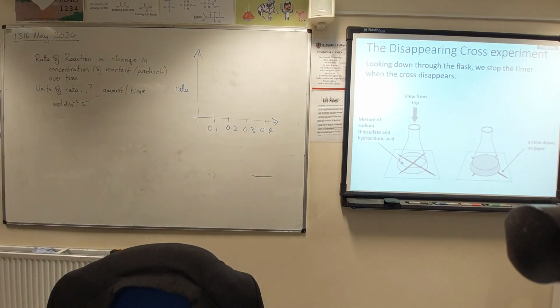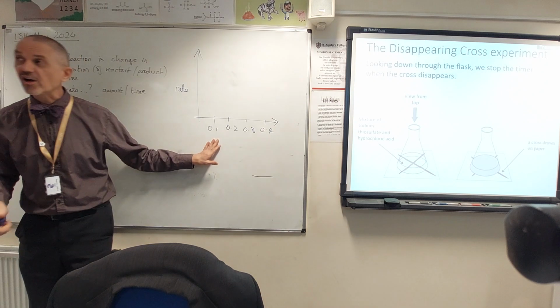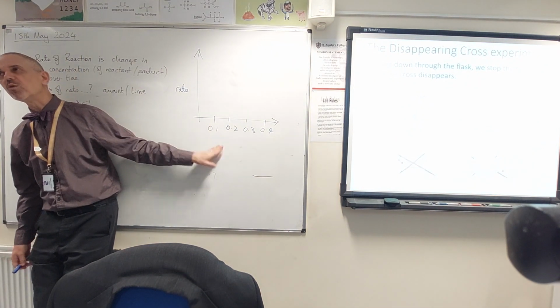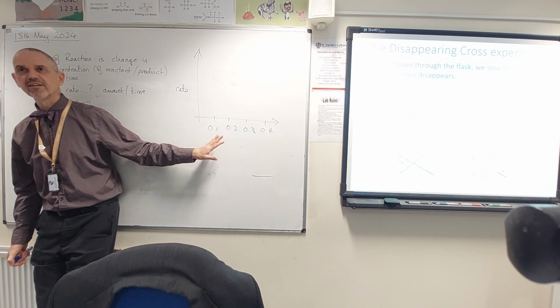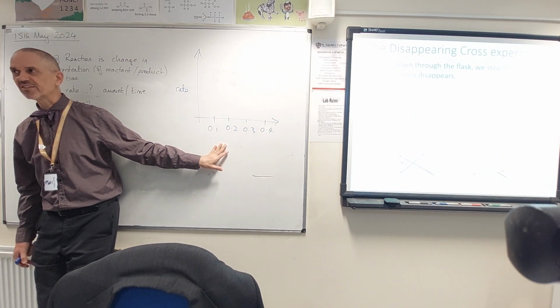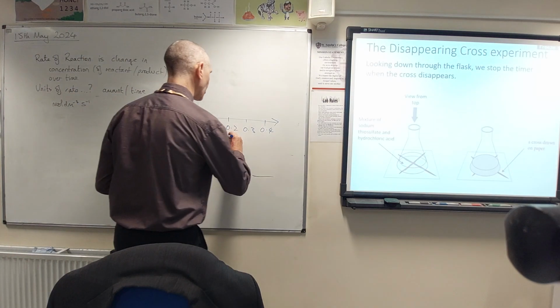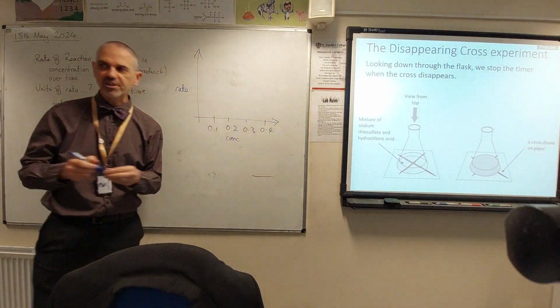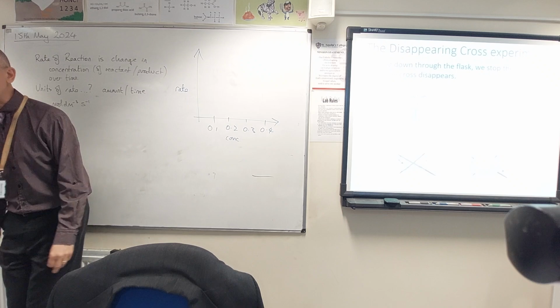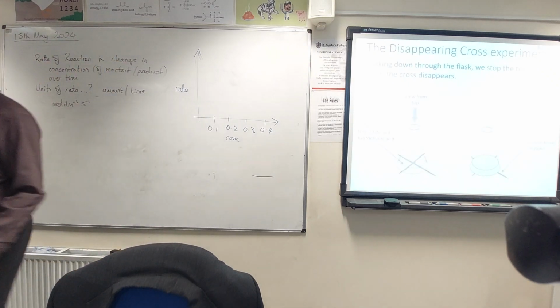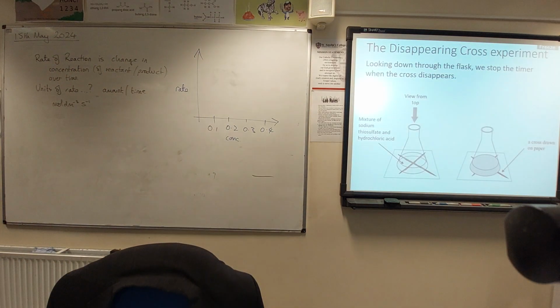Let's not worry about how we measure rate. We measure the rate of the reaction. And I plot a graph of that data. What would that graph look like? I would like you just to draw a quick sketch in your books now. So we've got concentration along the bottom here of sodium thiosulfate and rate up there. What would that graph look like? Just want to see a quick sketch in your books.